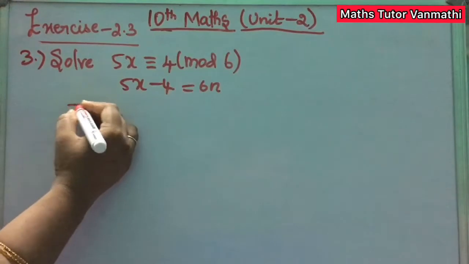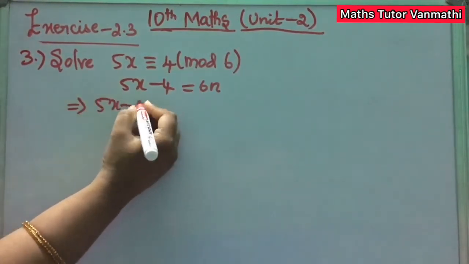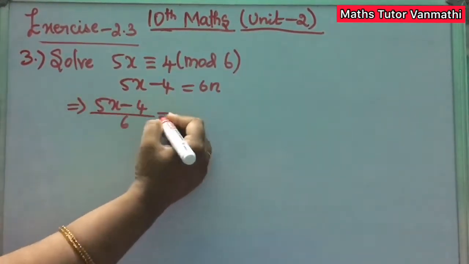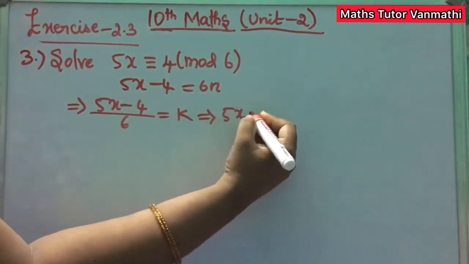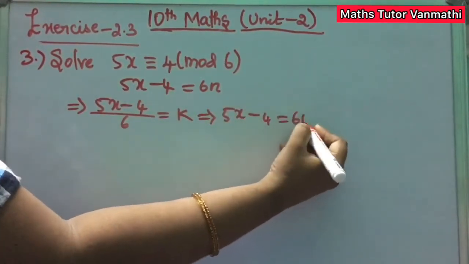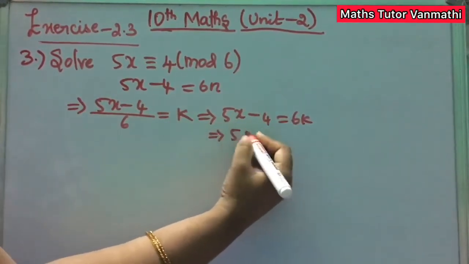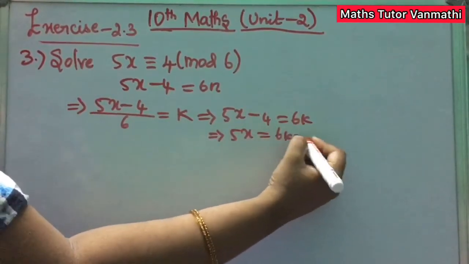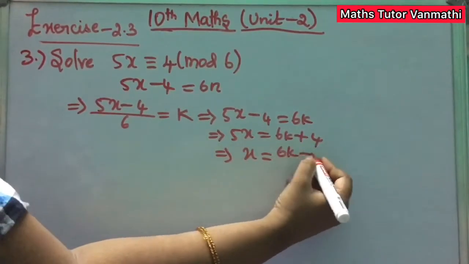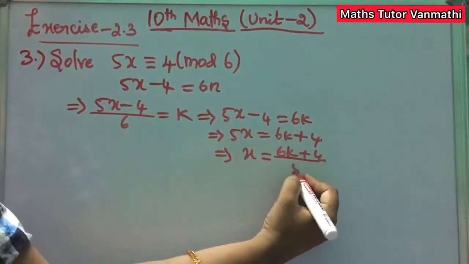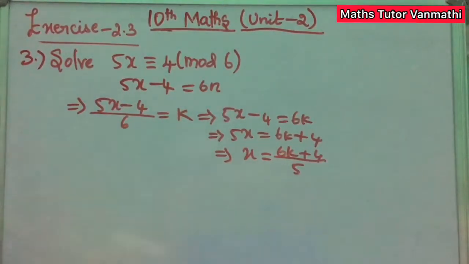And further, we can write 5x minus 4 by 6 equal to some k. This further can be written as 5x minus 4 equal to 6k, and again this can be simplified as 5x equal to 6k plus 4, and we need the x value. X is equal to 6k plus 4 divided by 5. Okay, clear up to this?